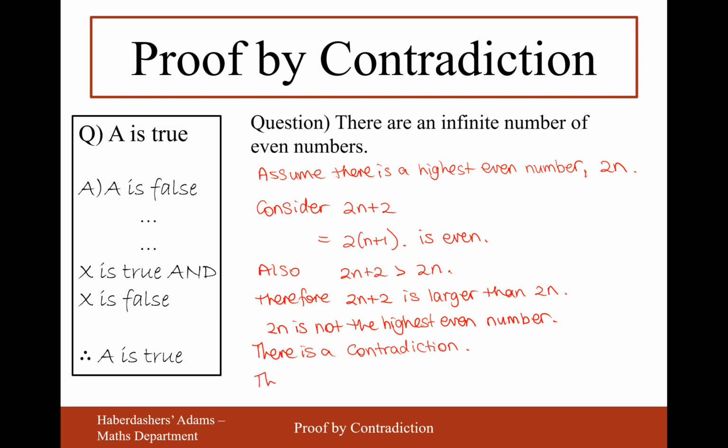So therefore there is an infinite amount of even numbers.